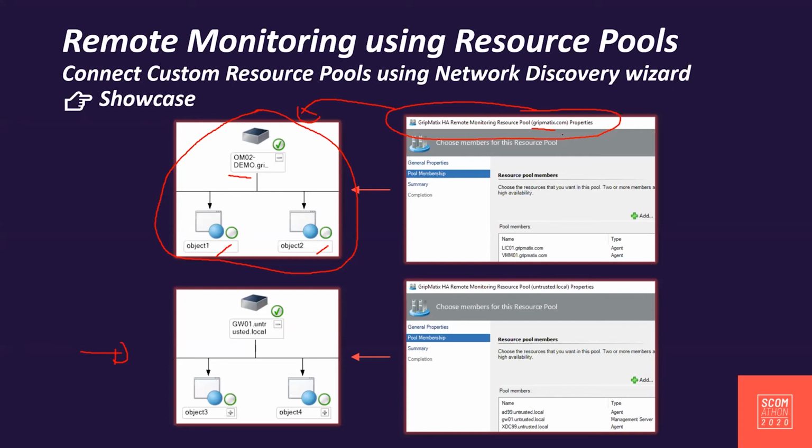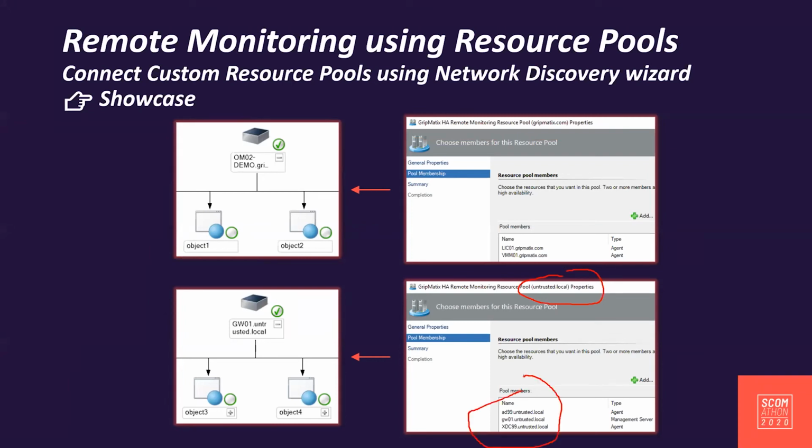It's a trusted domain, and therefore I've put workers in it from that trusted domain. This is a resource pool for a non-trusted domain environment, so I had to put workers from that non-trusted domain environment in there. And as you can see, you can also use agents inside that pool, besides SCOM management servers and gateways.